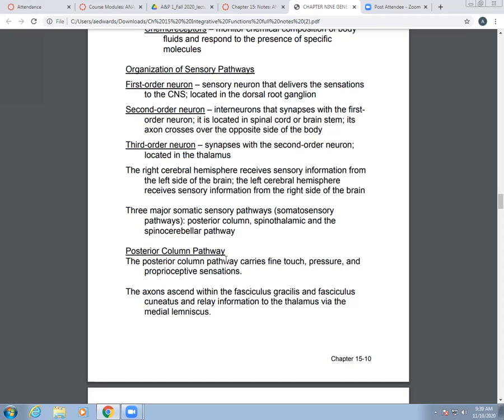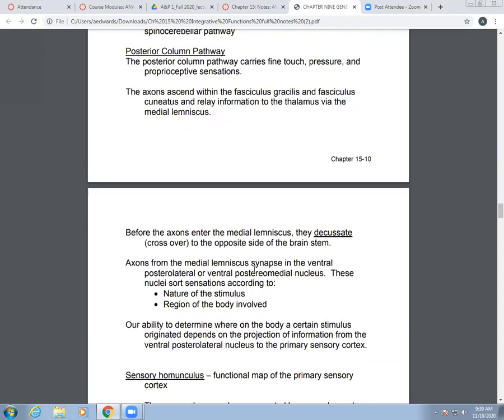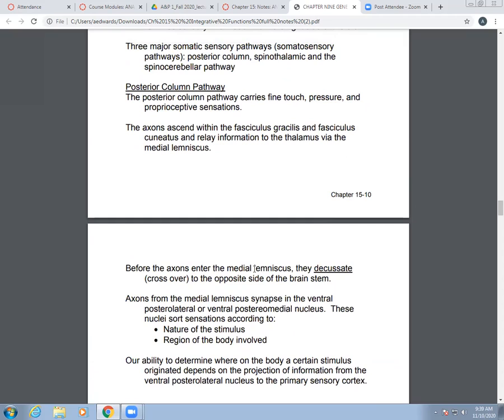All right, you have three major somatic sensory pathways, also known as somatosensory pathways. Remember, a lot of this has to do with somatic, has to do with skeletal muscle. You have your posterior column, your spinothalamic and spinocerebellar pathway, so those are your three ones. So start with the first one, posterior column pathway.